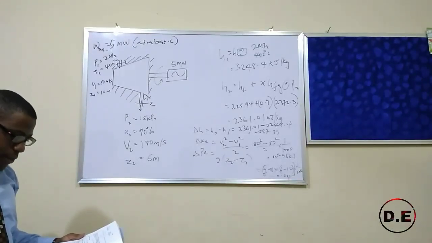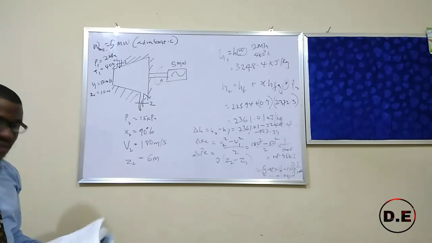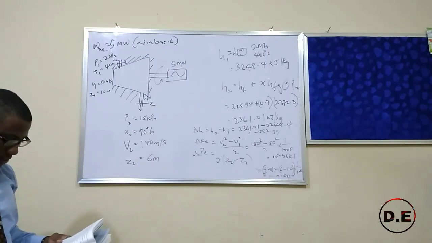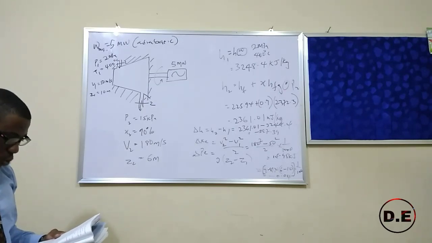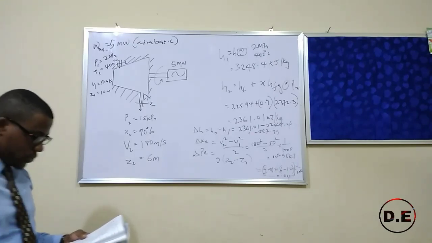Now, I want to determine the work done per unit mass of steam. To get the work done per unit mass, what I'm going to do here is to calculate the work output.